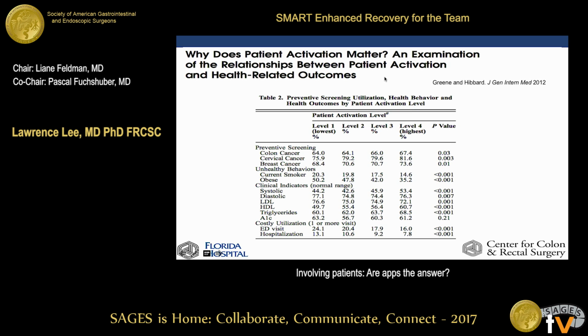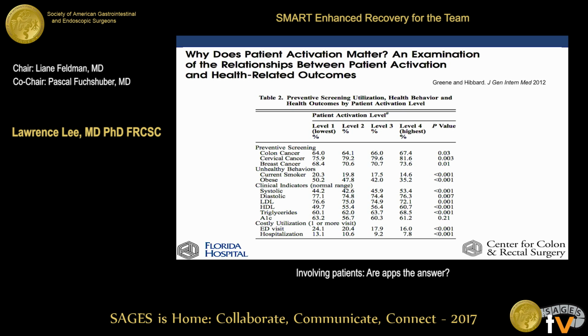There are studies that show that highly engaged patients really do much better. Here is a population-based study in several counties in Minnesota, using the patient activation measure I showed before, so level 4 would be the most highly engaged patients.